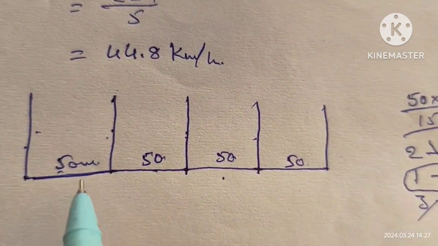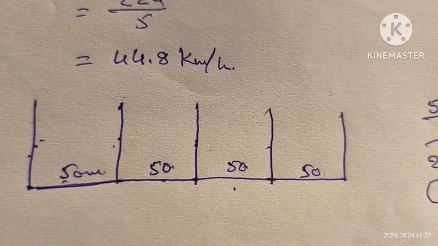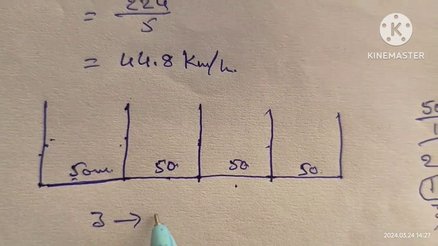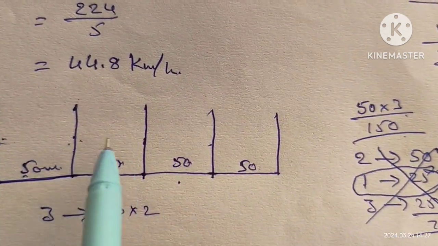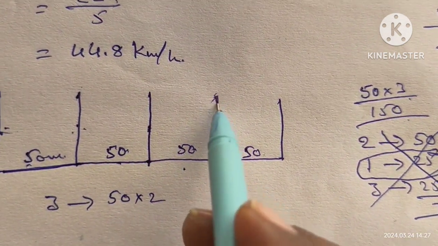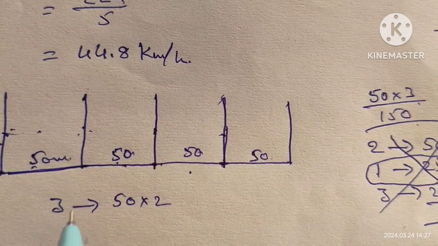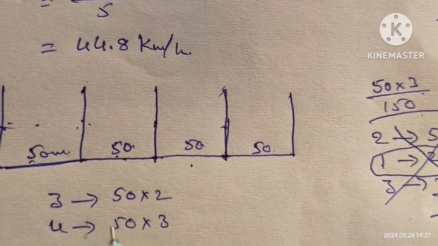Then you can notice one thing, distance between 3 poles is 100, means 50 into 2. If you take distance between 4 poles, it is 50, 50, 50, so 50 into 3.